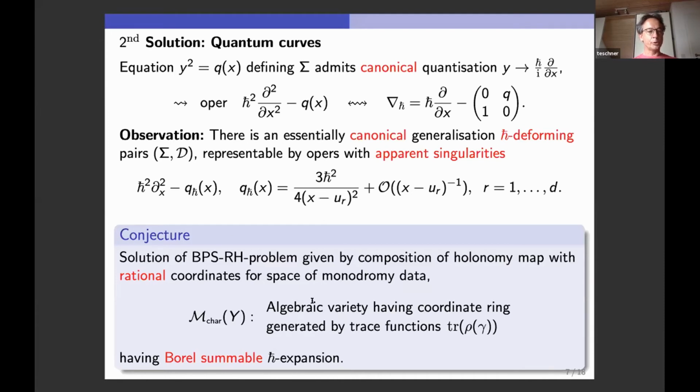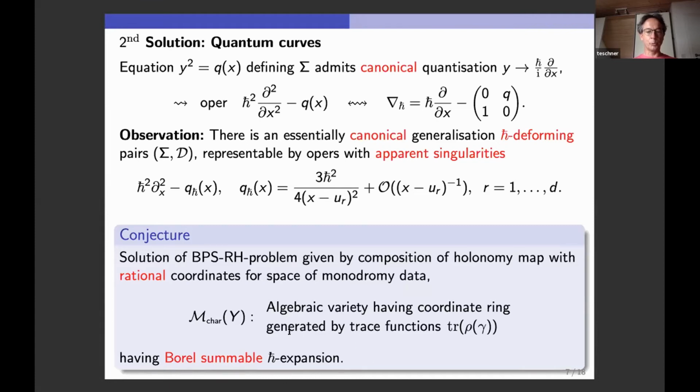All right, so the conjecture then is that the solution of what we call the BPS-Riemann-Hilbert problem is given by the composition of the holonomy map with particularly nice, that is, rational coordinates for the space of monodromy data, which is what is called the character variety. That is the algebraic variety having as the coordinate ring the trace functions, traces of holonomies or monodromies of this differential operator. And we want very special such coordinates.